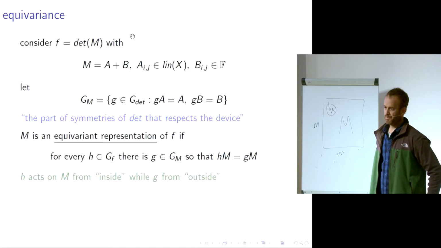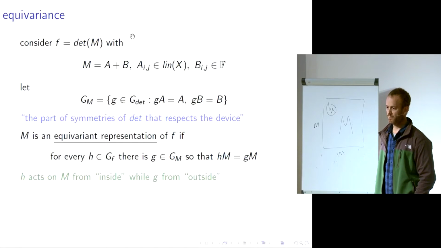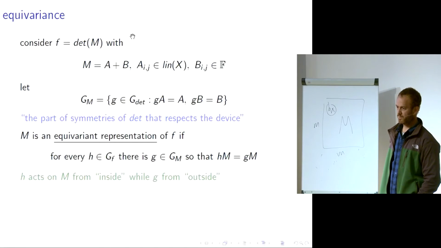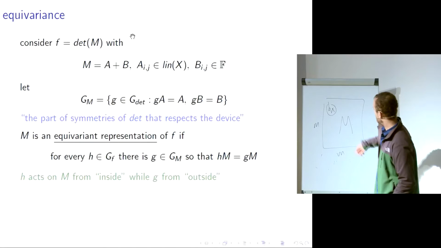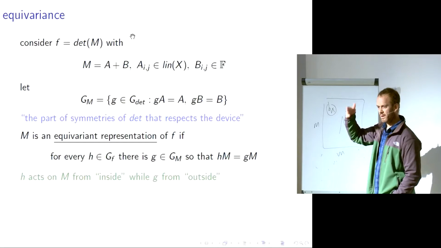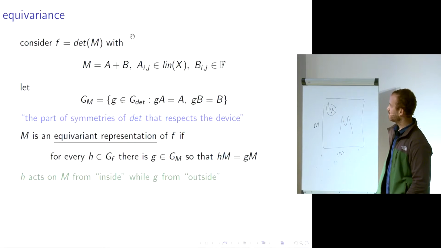Instead of the determinant, suppose we were interested in the computational device as being a projection of a permanent. Then the outside action is basically just the permutations of the rows or columns or transpose. And you can also multiply by the torsion.